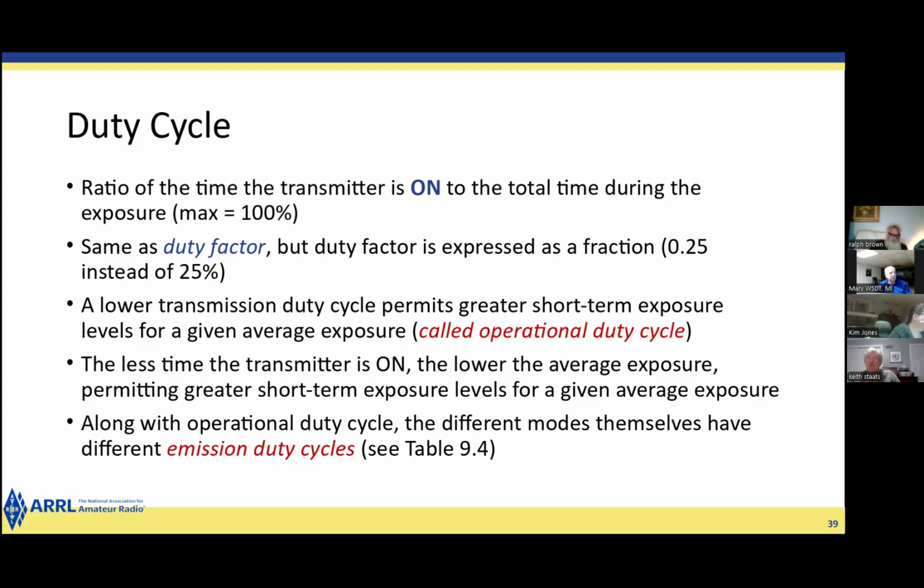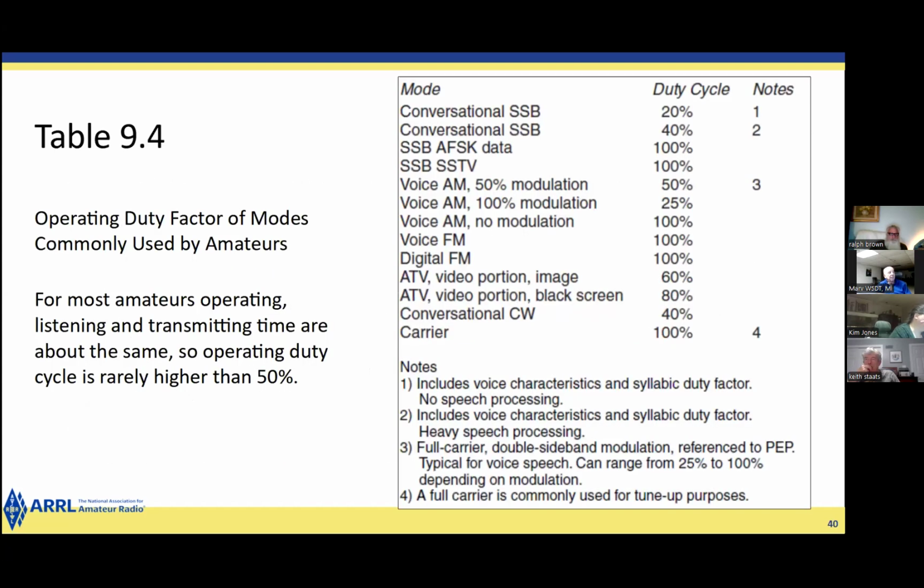Along with operational duty cycles, the different modes themselves have different emission duty cycles.